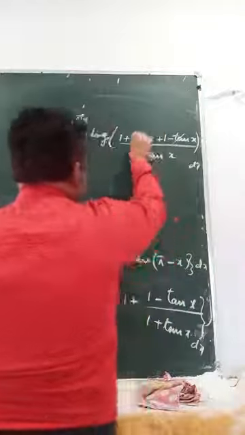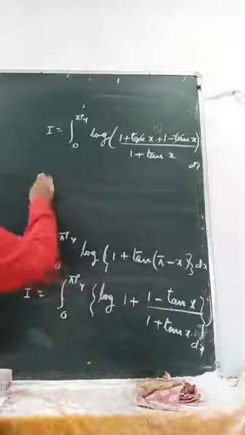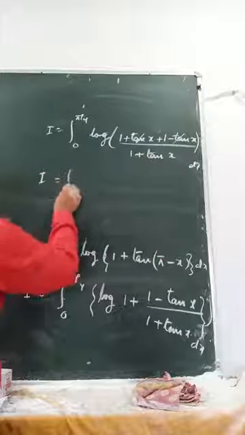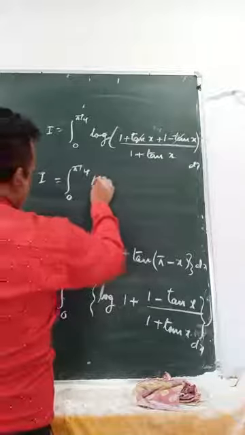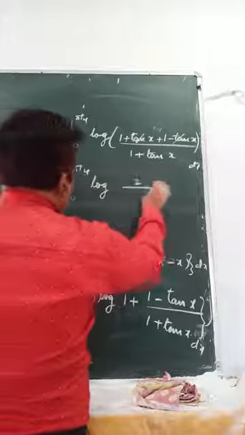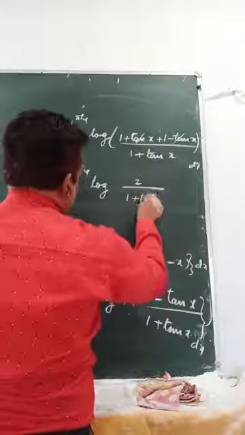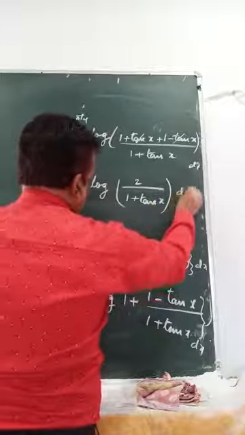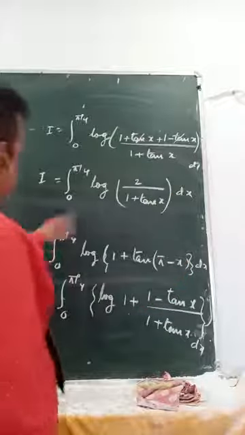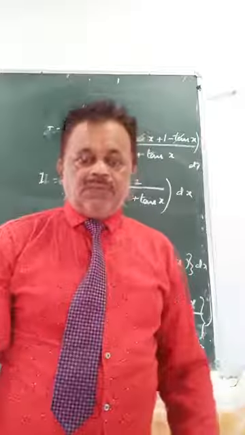This gets cancelled. So I equals to integral 0 to pi by 4 log 2 by 1 plus tan x. This is the simplified form using the formula.